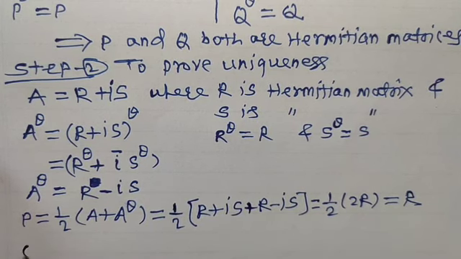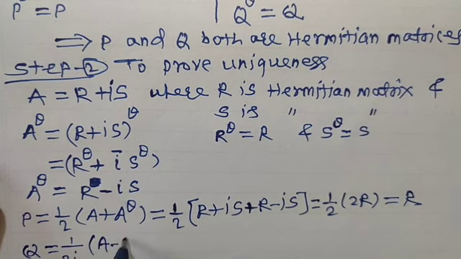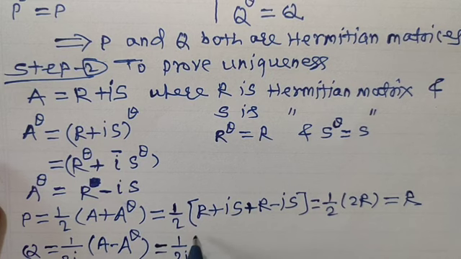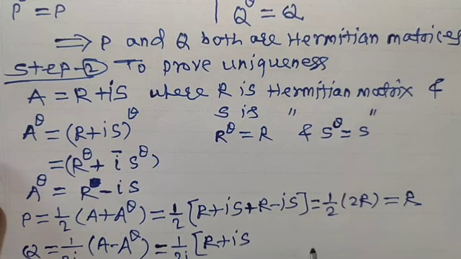Let us take value of Q. Q is equal to, we have taken Q 1 upon 2I, A minus conjugate transpose of A. Okay, and this is equal to 1 upon 2I. Now A is R plus IS and A theta is R minus IS.